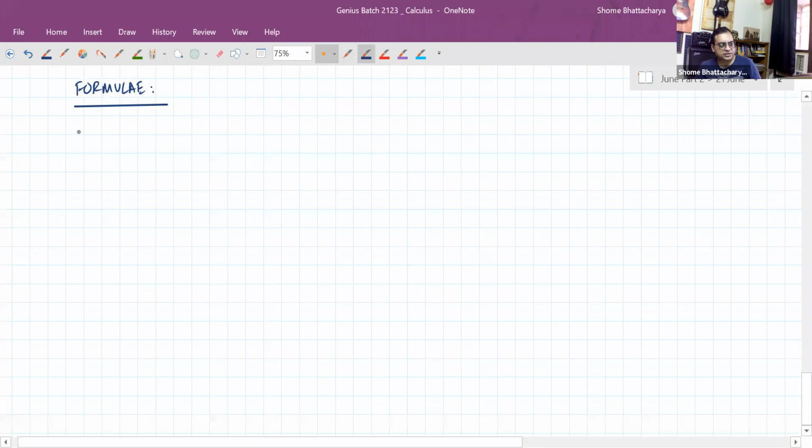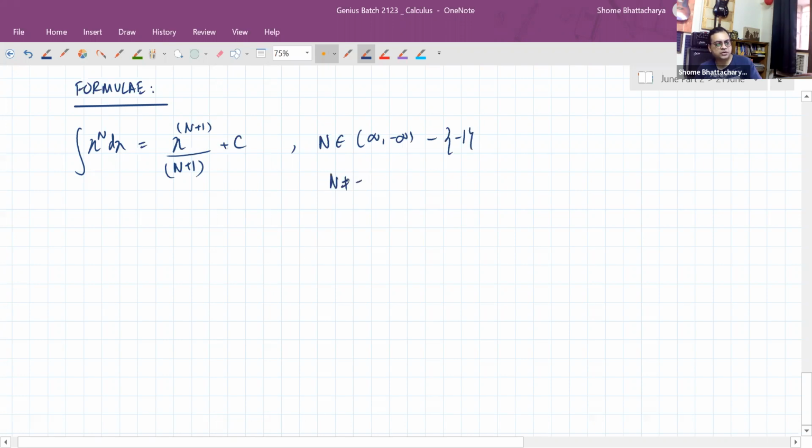The most basic one for algebraic functions is that integration of x to the power n is x to the power n plus 1 divided by n plus 1 plus the constant c, for all real values of n other than minus 1. Or you can say that it is for n not equal to minus 1. All values of n other than n equal to minus 1.